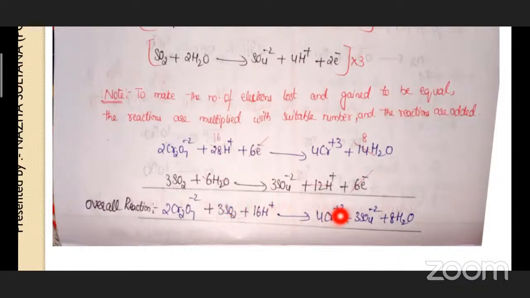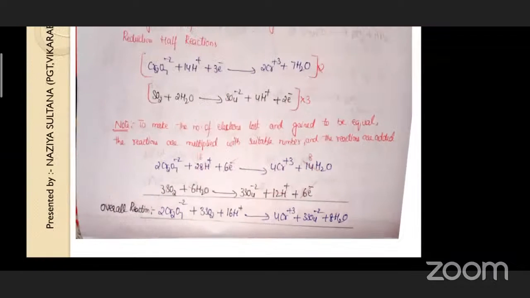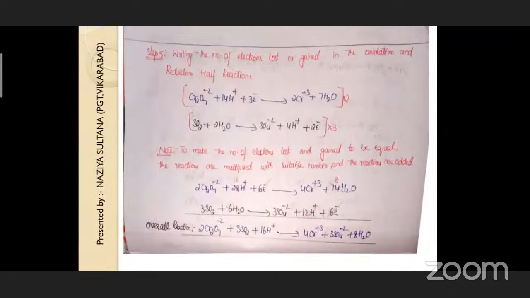On the product side, 3 into 4, 12 plus 8 oxygens, so here also it is 20 oxygens. Oxygens are balanced. Now the sulfur: 3 sulfurs on the reactant side, 3 sulfurs on the product side. Next we'll check the hydrogens: 16 hydrogens on the reactant side and 16 hydrogens on the product side, 8 into 2 is 16. So this is about the balancing of reactions in acidic medium.